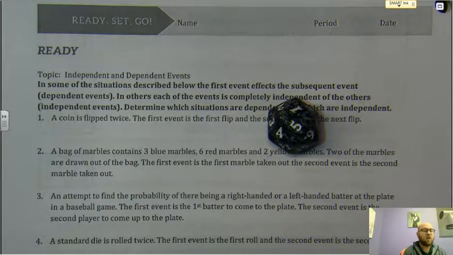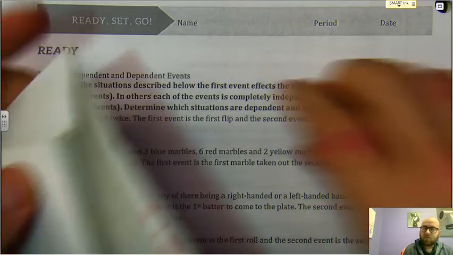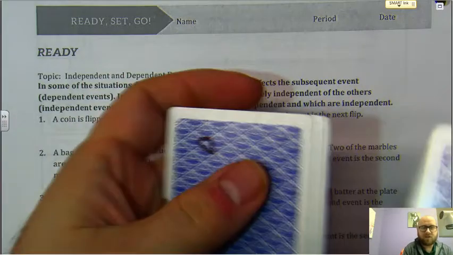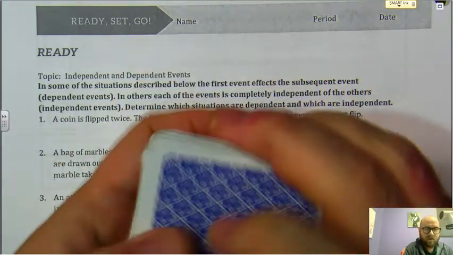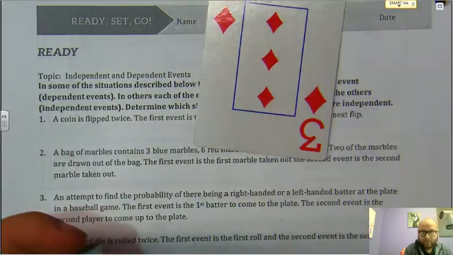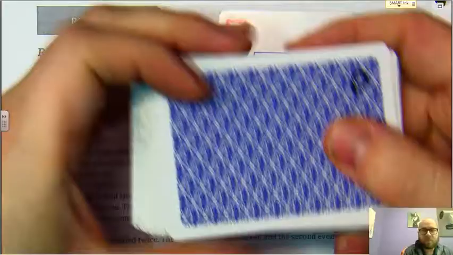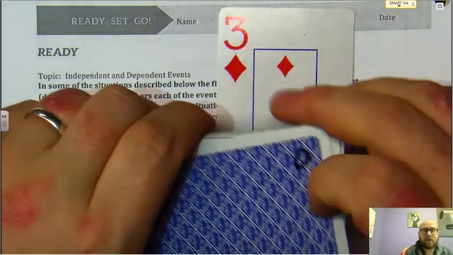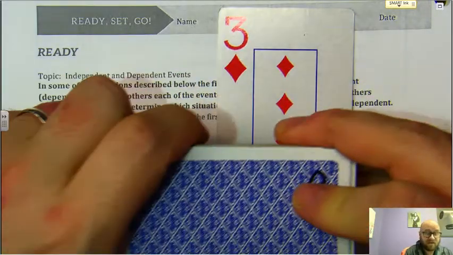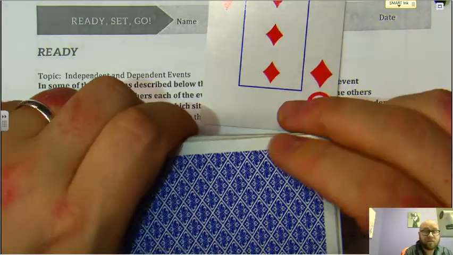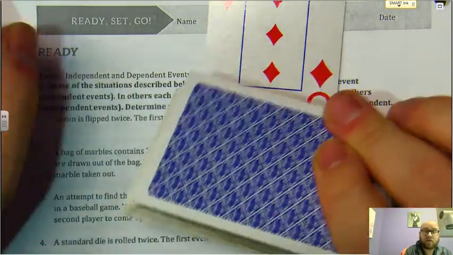But otherwise, when we think about something like a deck of cards, right? When we look at a deck of cards, there are 52 cards. So when I draw a card off the top, now the card that I draw from the rest of the deck, if I don't put this card back in, is dependent on the fact that I pulled the 3 of diamonds out. Now there's only 51 cards in the deck.